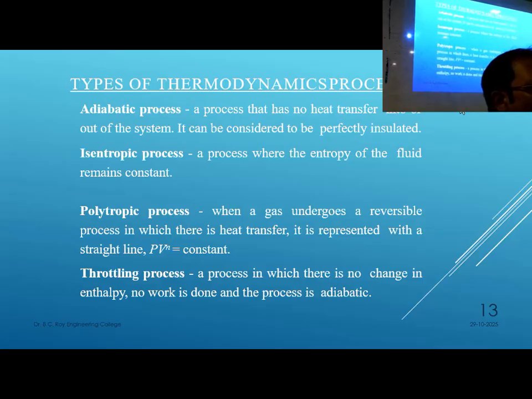Whenever it drops, circulation gets stopped because the highest density is at 4 degrees. So 3 degree water is lighter, so it will be at the top. 4 degree water is at the bottom, but 3 degree water will be at the top, 2 degree water will be at the top, and no further circulation will take place. So it will become 0 degrees and the upper portion will be solidified, frozen. But below that ice, the water is still liquid, and the aquatic animals can survive.